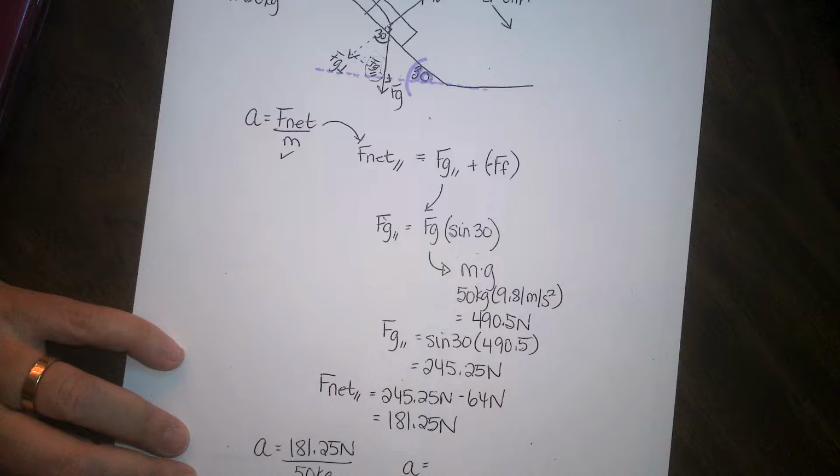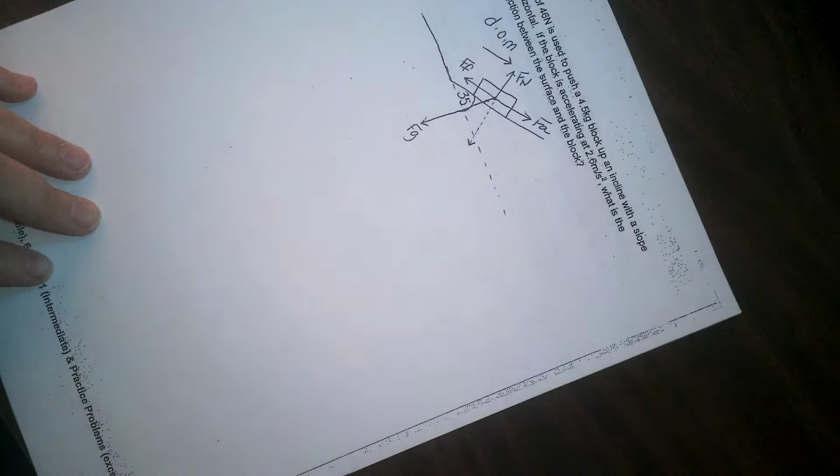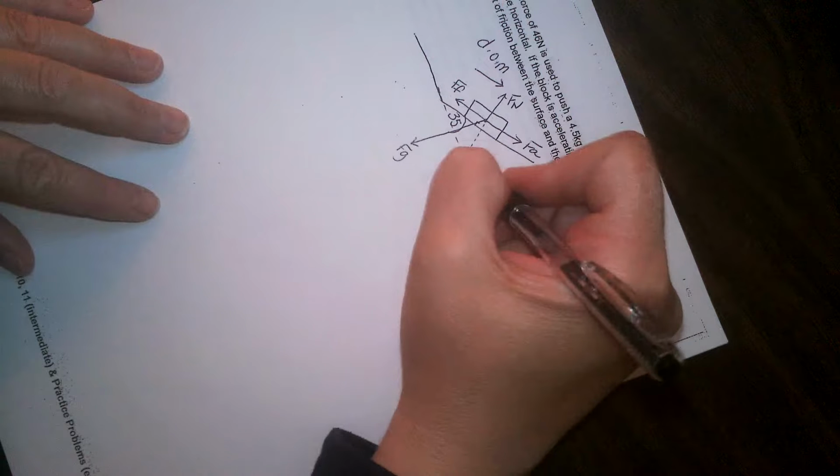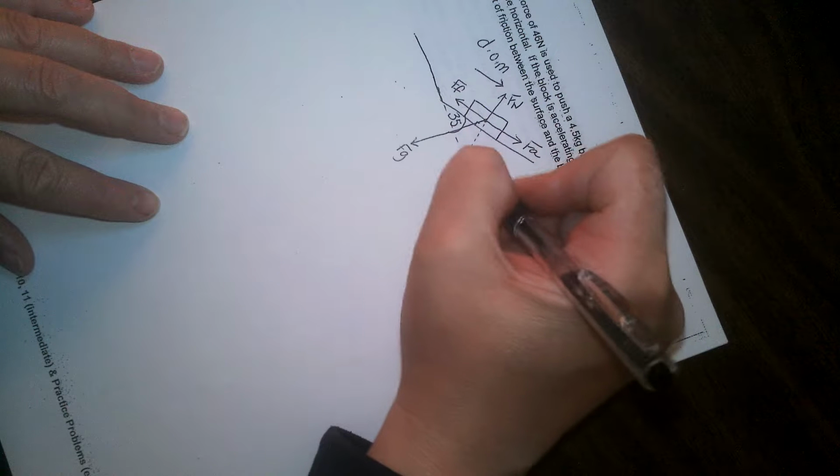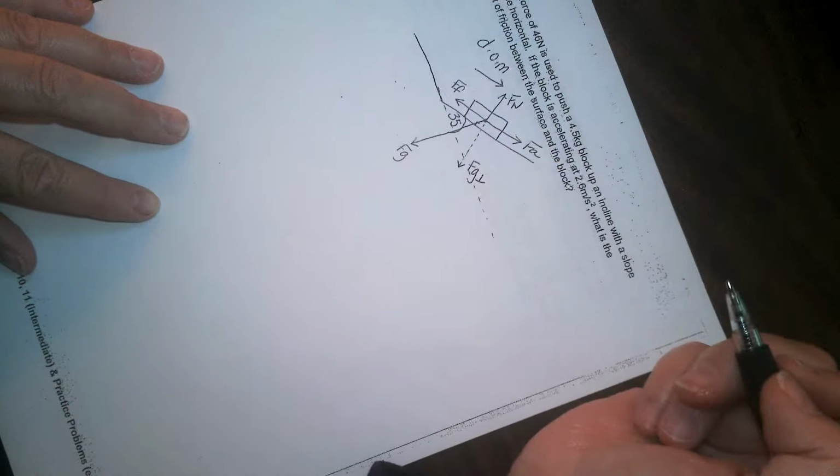What do we get for a value? What would be the opposing force? If force gravity is working straight down, we would call the opposite one force normal, force gravity in the perpendicular.